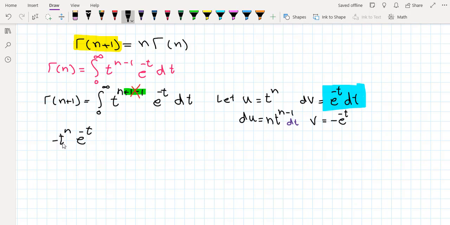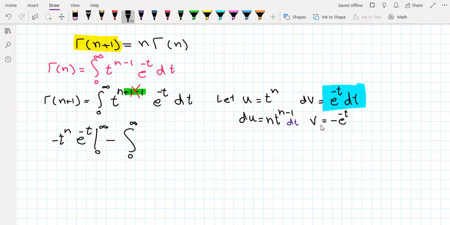So this minus here belongs to this one, but it's better to write it outside like this. And it's from 0 to infinity, minus the integral from 0 to infinity of v du. So that's going to be like this.